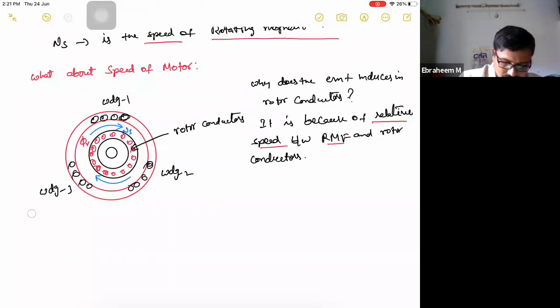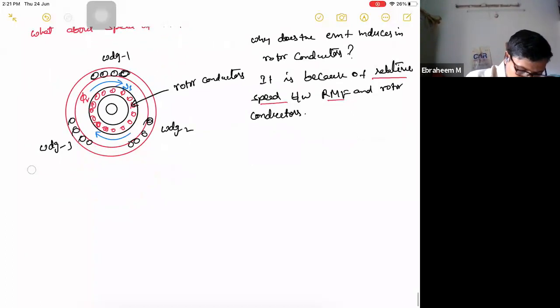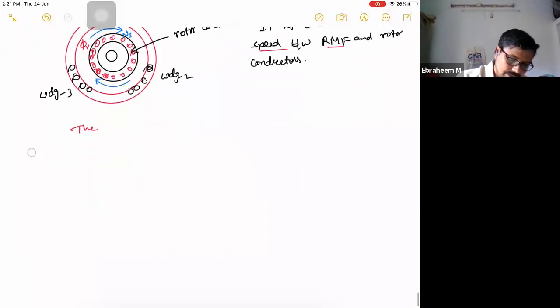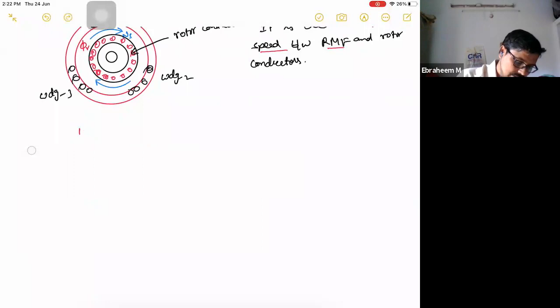Okay, so here the important thing is the relation between rotor speed and the stator field speed, right? So here one term called slip is important.